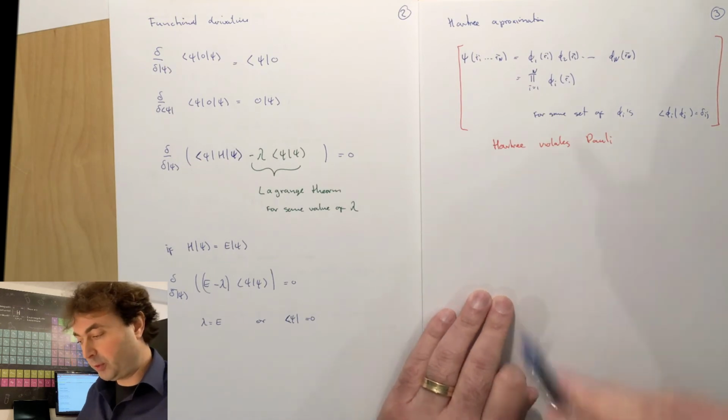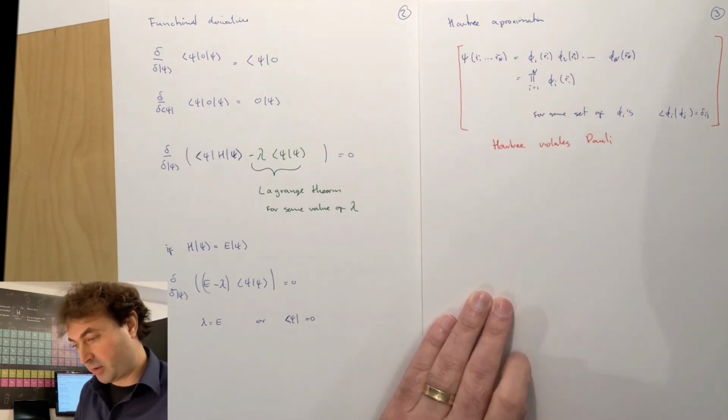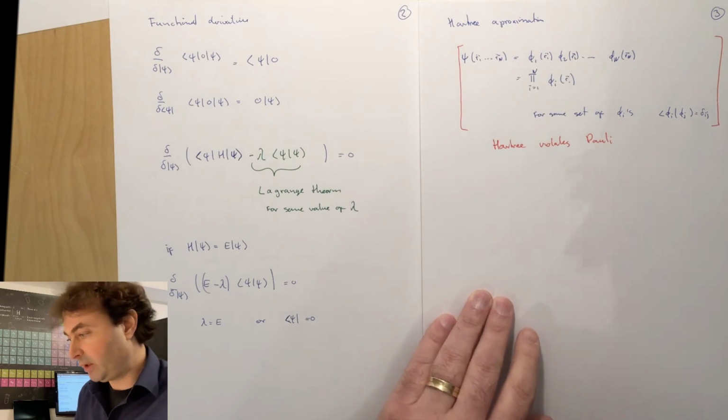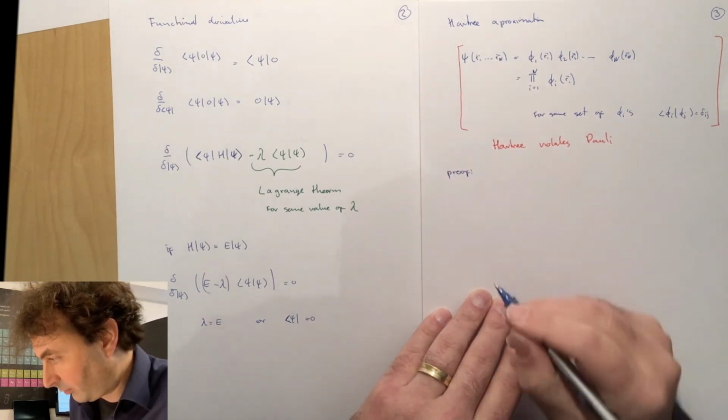Now let me prove to you that the wave function that can be written down as this with minimum energy gives rise to the Hartree equations.